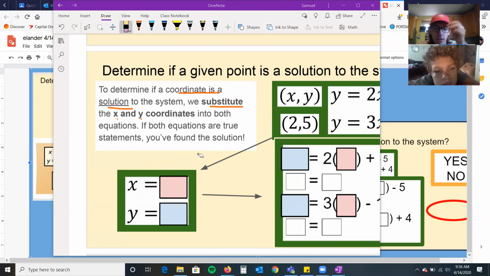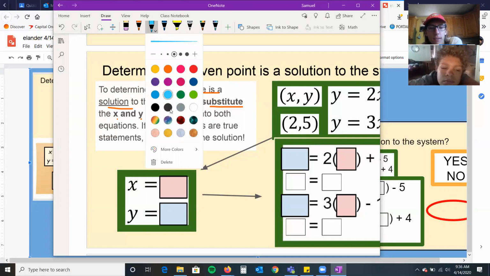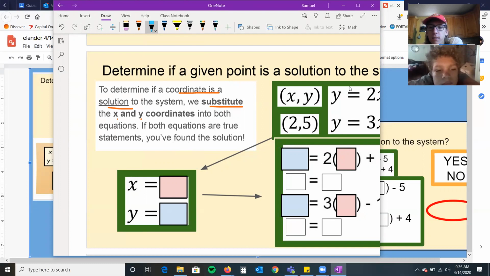So they say 2, 5, is that the solution? And we're going to check it, but what do we put in this X box here? What is our X? You guys got it? What do you think? What goes in our X box here? What is our X up here?